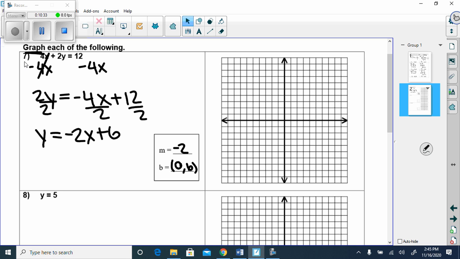So do I go left or right? No, only up 6. So you should never start on the x-axis. Always start on the y. Okay, and then my slope, m, that tells me how much up and over or down and over, right? So what am I going to be doing?